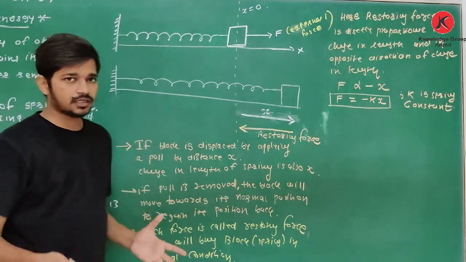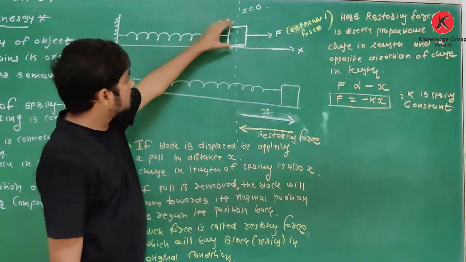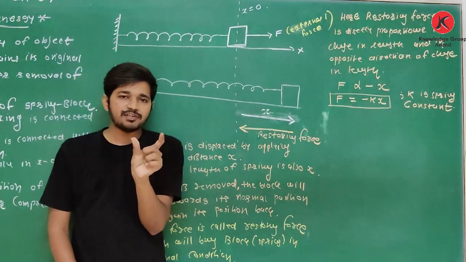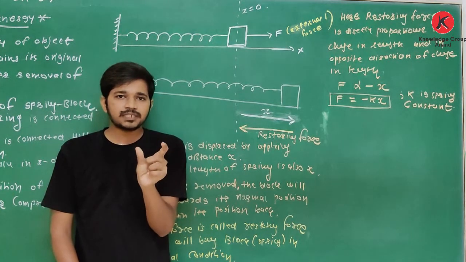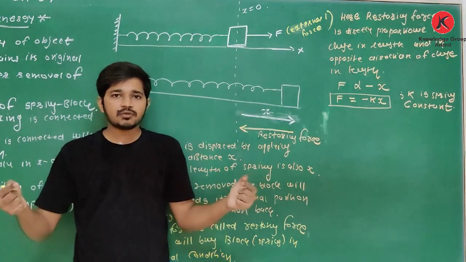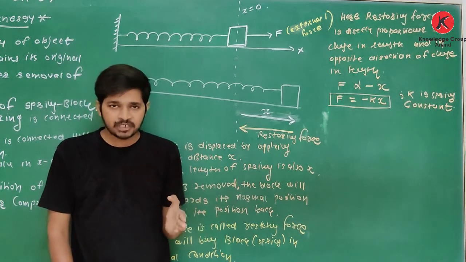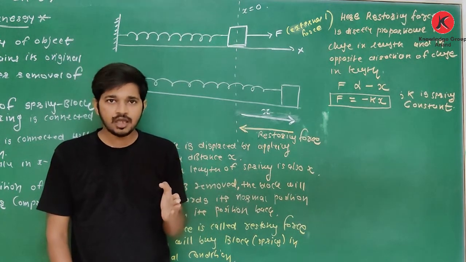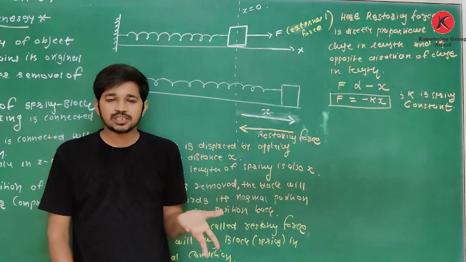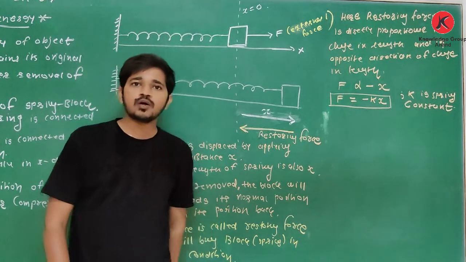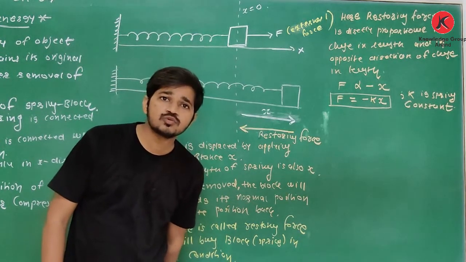Now, if I say this block is connected with this spring, or if we have a spring, then will that spring be compressed or extended by itself? Is extension and compression of a spring possible without applying any external force? No, we have to do some work. Why do work?